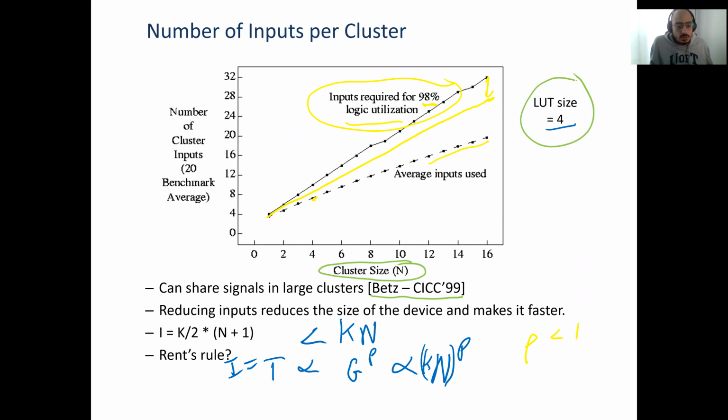I see. So in an actual device that is being produced, they always try to guarantee that all the logic blocks are usable. That's how they decide how many input ports they put in the architecture. Yeah, I mean, I can tell you what we did at Altera, which was actually relatively close to this. We went pretty high in terms of we wanted to make sure you could use all the logic blocks most of the time.